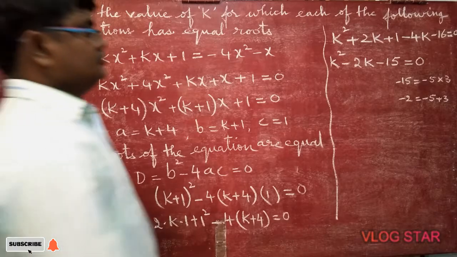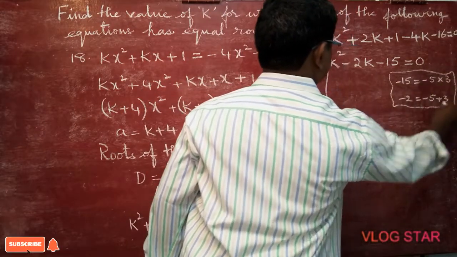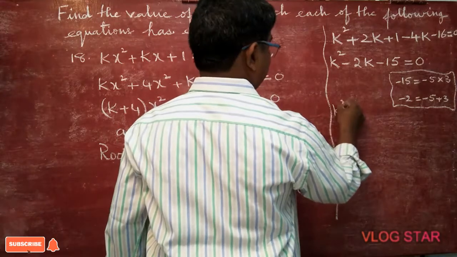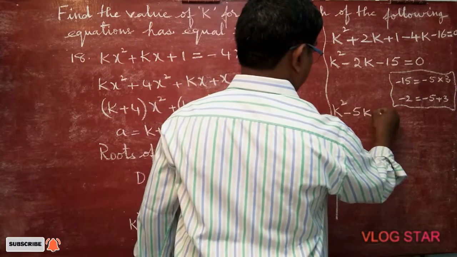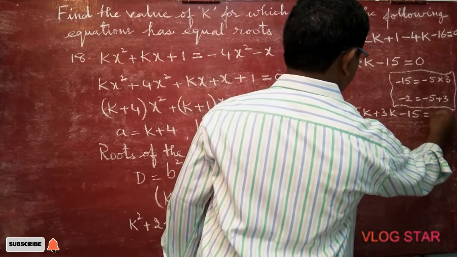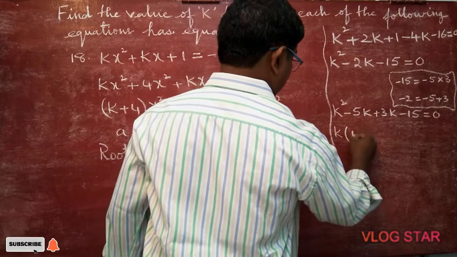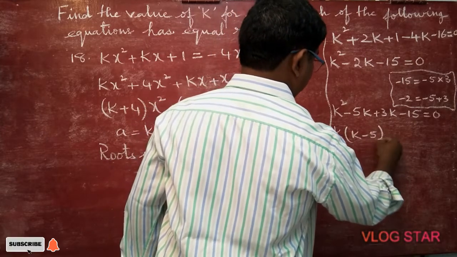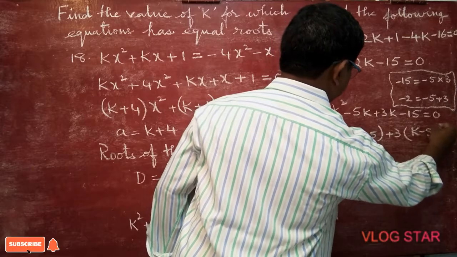Are you able to follow? Now substitute: k square minus 5k plus 3k minus 15 is equal to 0. k common: k minus 5, plus 3 common, k minus 5.